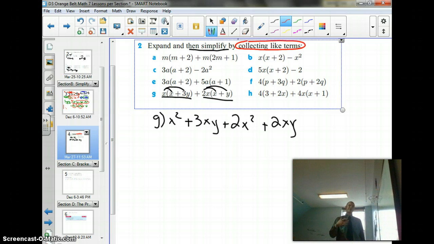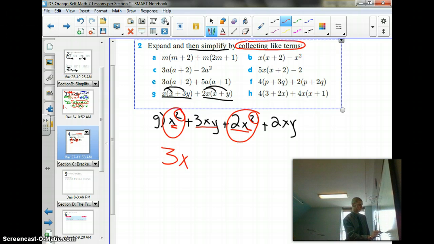Now remember, just because it has an x doesn't mean it's a like term. Both of these terms, the 3xy and the 2x squared, have x's, but they're not like. Okay? 2x squared is like with x squared because they both have x squared. And if you have one of something and you have 2 more of somethings, how many somethings do you have? You have 3 of them.